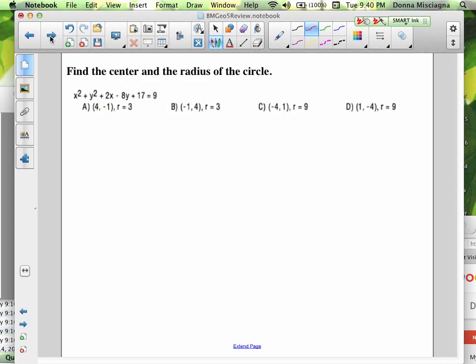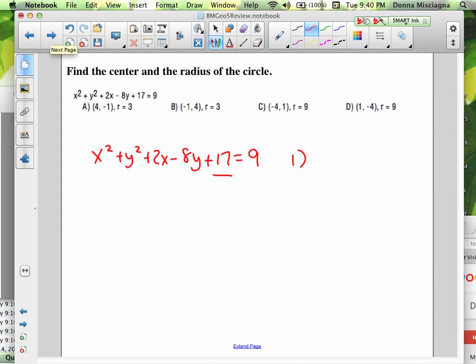All right, so now this one is a little more work. Our equation here is not in standard form. We have x squared plus y squared plus 2x minus 8y plus 17 equals 9. We have to get that equation in standard form first. Step number 1: there's a 17 over here.